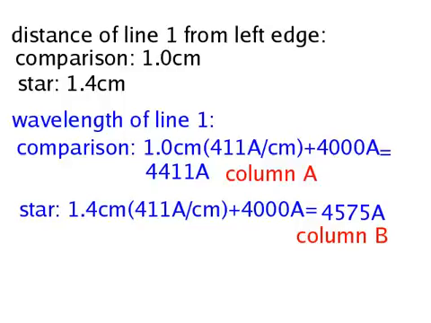And then in column C we have the difference, but this time we specifically go comparison minus the star, and we're not taking the absolute value. So C is the difference, comparison minus star. That was 4,411 angstrom minus 4,575.